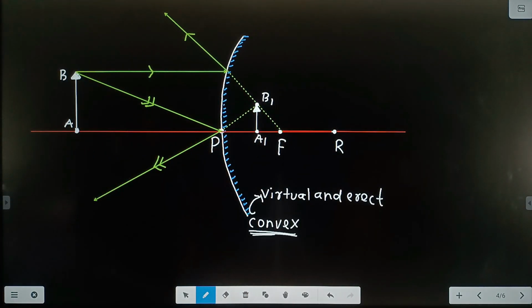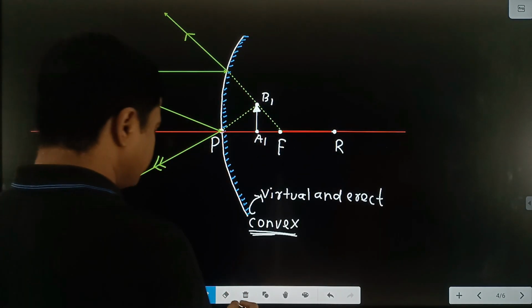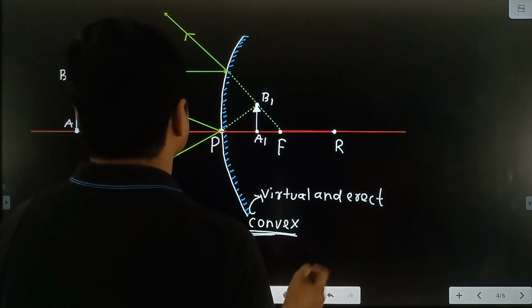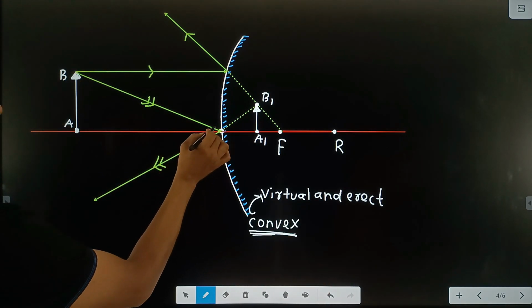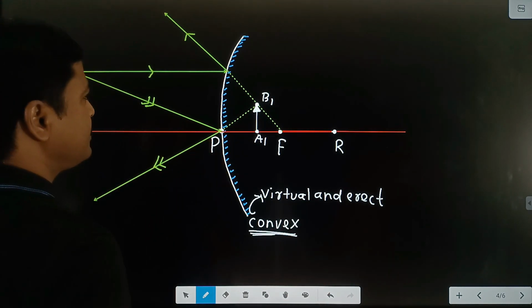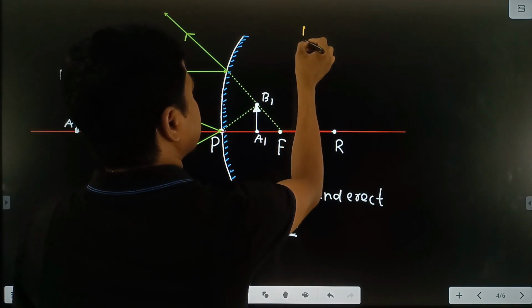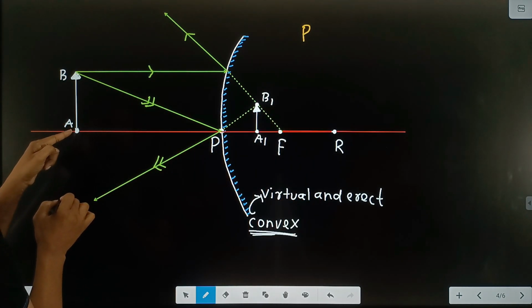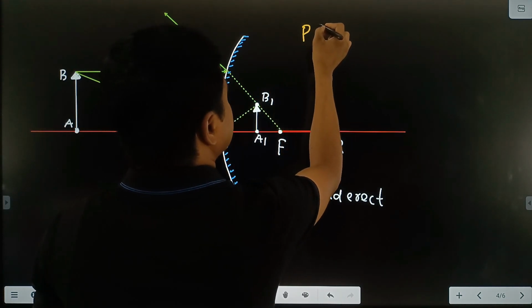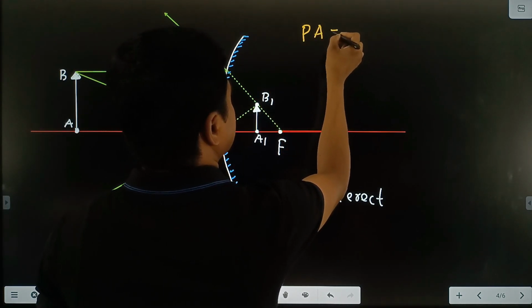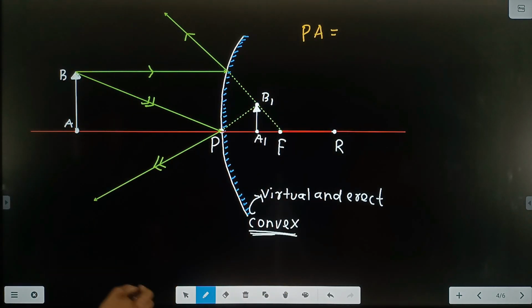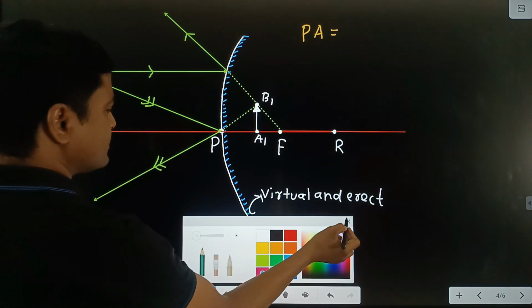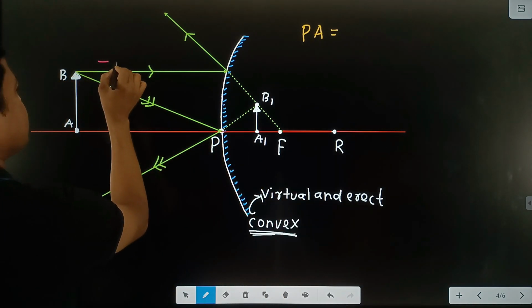Clear? Then put the sign convention. First, measurement always starts from point P, so we write P on the left hand side. A is there. A means the position of the object. We write PA, P to A, that is the object distance.